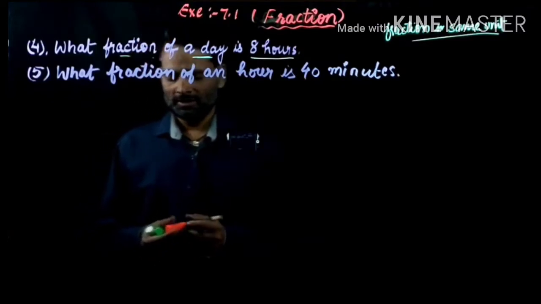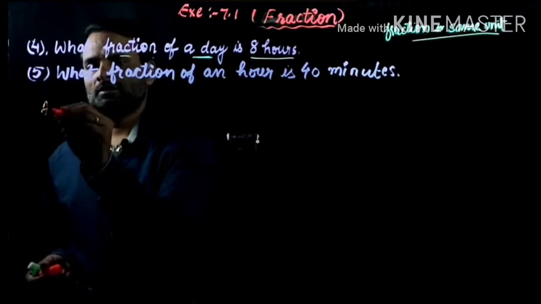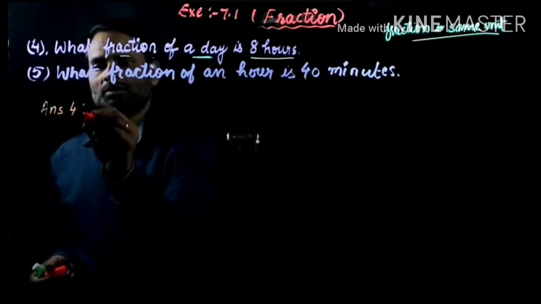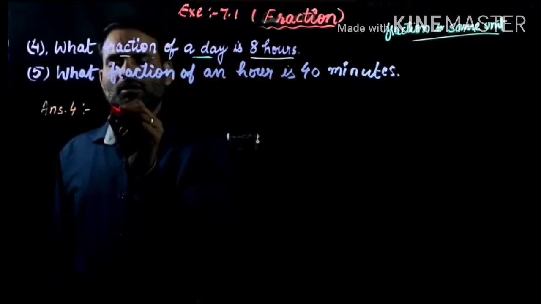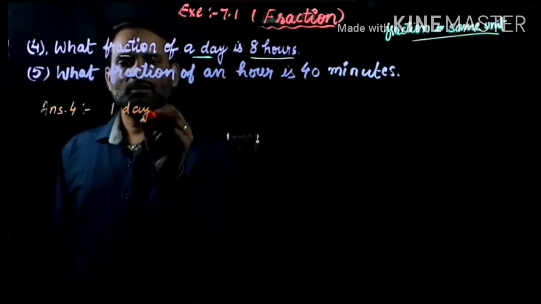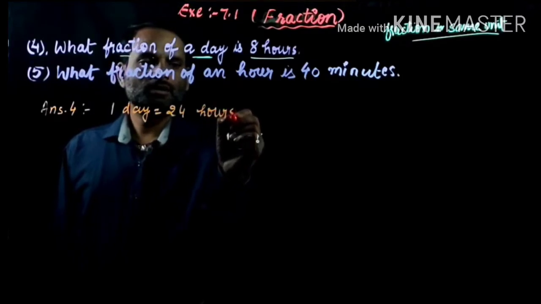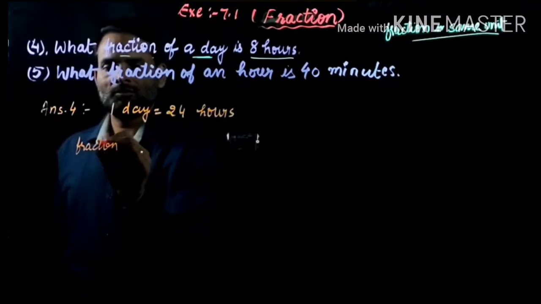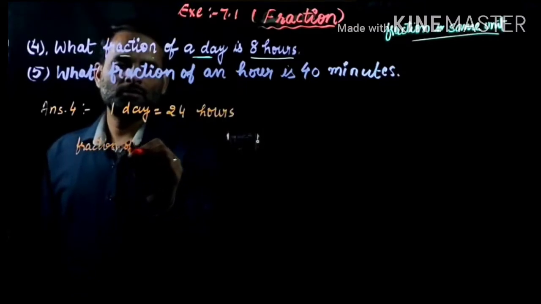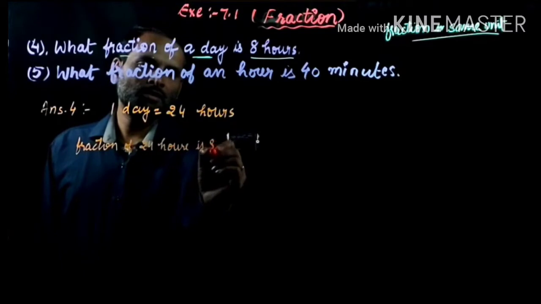Okay, now the first question will be written. The answer is 1 day and 8 hours. So first you find that 1 day is equal to 24 hours. Now the fraction: of 24 hours, 8 hours.